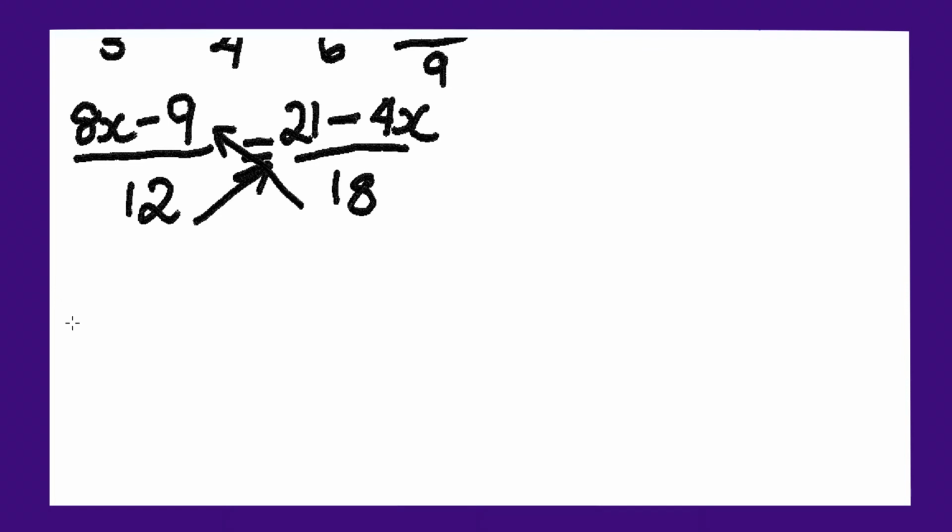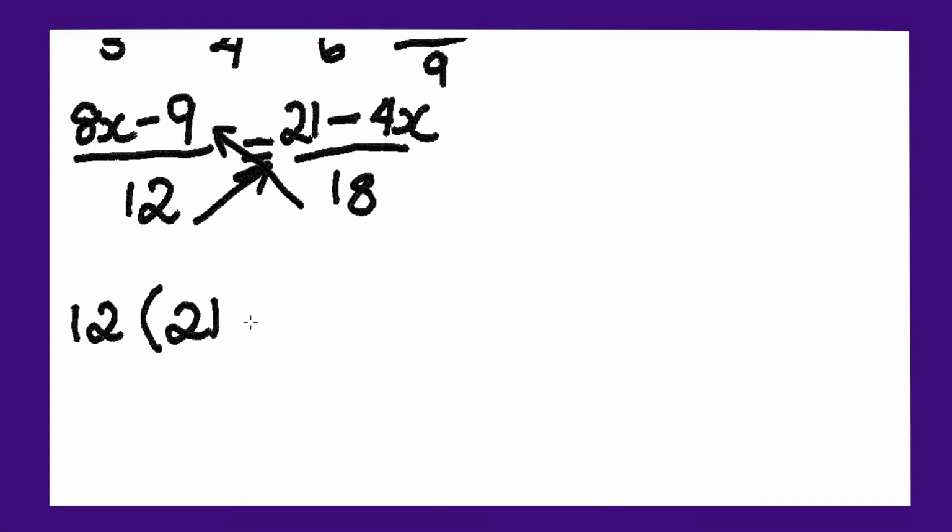So, by using cross multiplication, we are going to multiply the 12 by the numerator on the right-hand side of this equation. And we are going to use our brackets to do so. And this will seem pretty familiar to you.